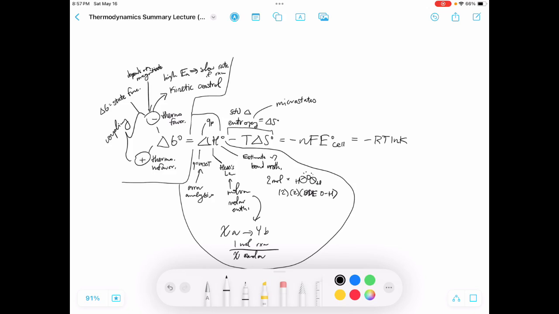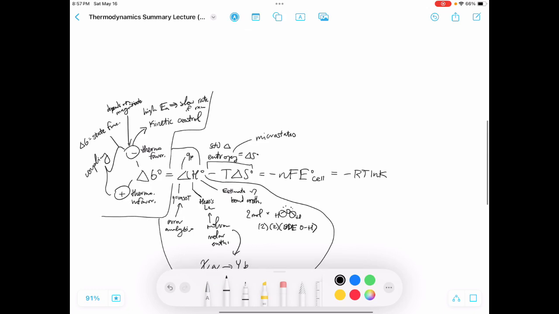Your microstates are essentially the number of possible configurations there are of the atom, how much dispersal there is. So when you say dispersal, that kind of brings to mind phases. So your solid is going to have less entropy than your liquid, which is going to have less entropy than your gas, because the gas is more dispersed. There's more places those gas particles could be.